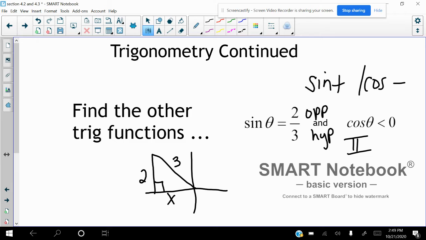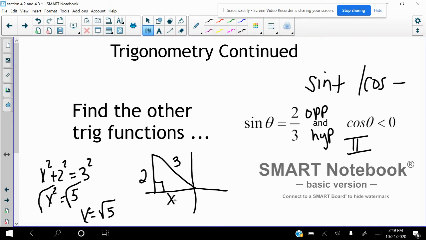I hope you all remember what this next thing is called. We would use the Pythagorean theorem: x squared plus 2 squared equals 3 squared. 9 minus 4 is 5. How do I find x by itself? Square root. So x is going to be the square root of 5.